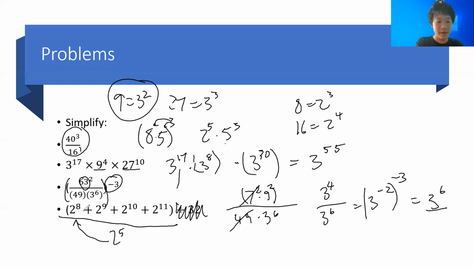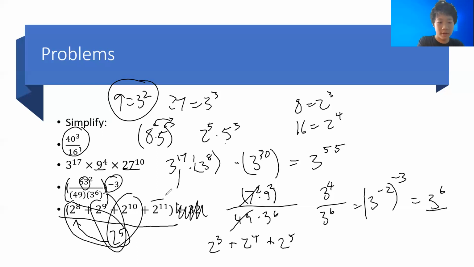2 to the 5th, to the 8th divided by 2 to the 5th, that's 2 to the 3rd, because we subtract the exponent. Then we do this one, to the 4th, do this one, to the 5th, do this one, to the 6th. 2 to the 3rd plus 2 to the 4th plus 2 to the 5th plus 2 to the 6th.